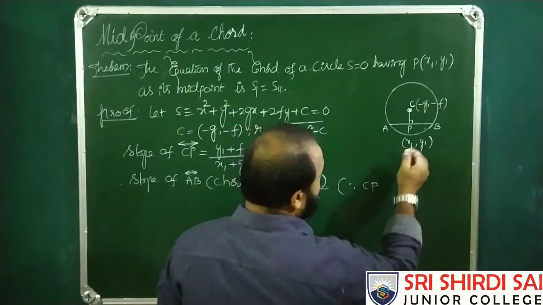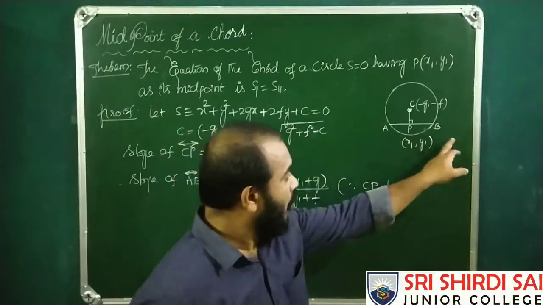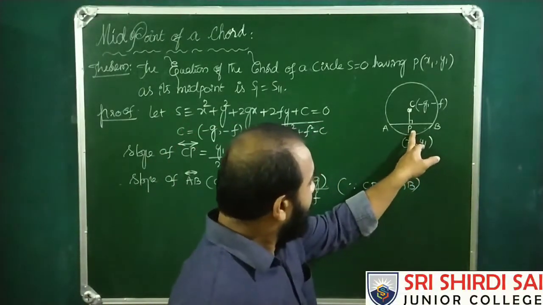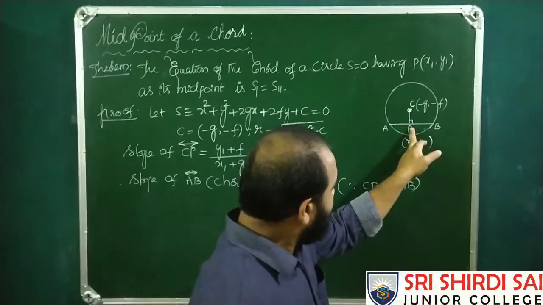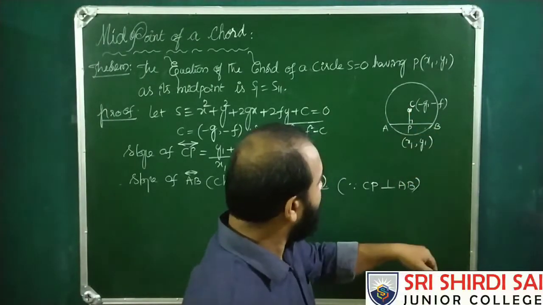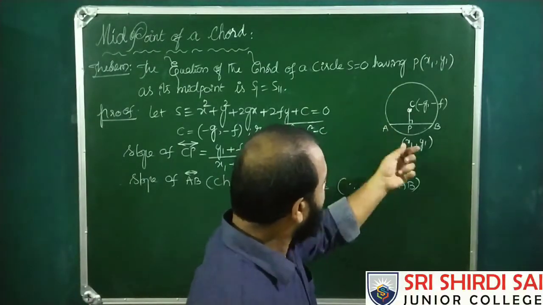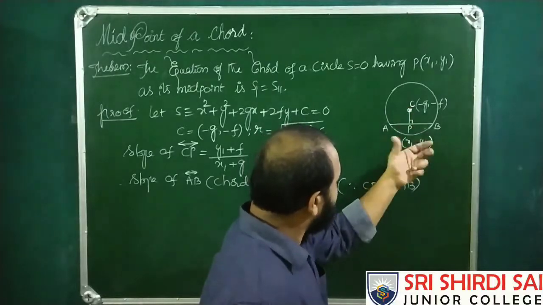This is the chord, and it is always passing through the center of the circle. That means this is the normal. Then CP is perpendicular to AB.